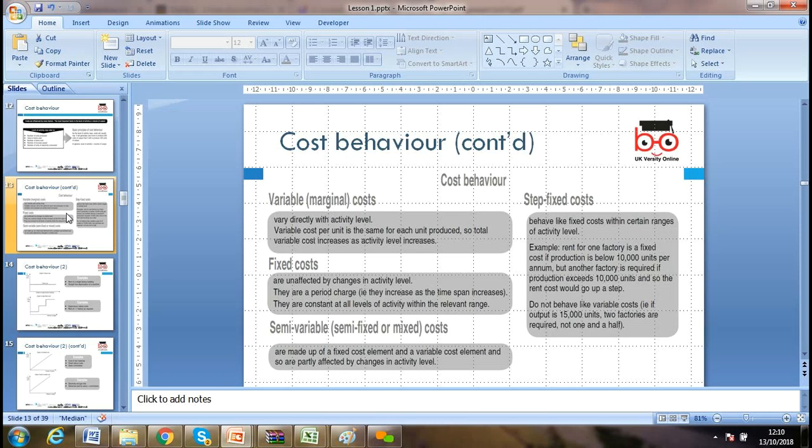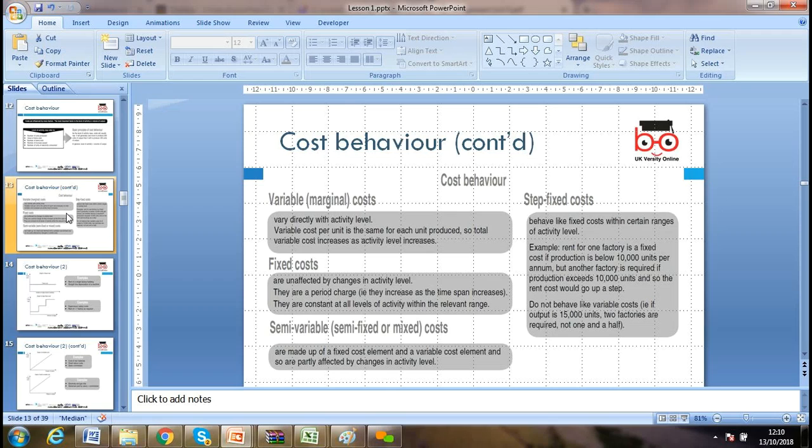So step cost. Step is like a ladder. You're moving from one step to another step. We normally call it capacity. If we work up to the capacity, our fixed cost stays fixed. If we need to increase the capacity, our fixed cost will also increase. Suppose we have a capacity to produce 10,000 units per annum; our fixed cost for 10,000 units will stay fixed. If the required production exceeds 10,000, the rent cost will go up a step.